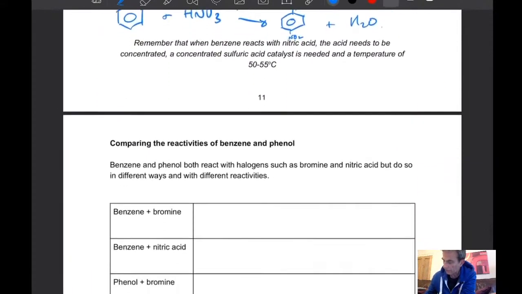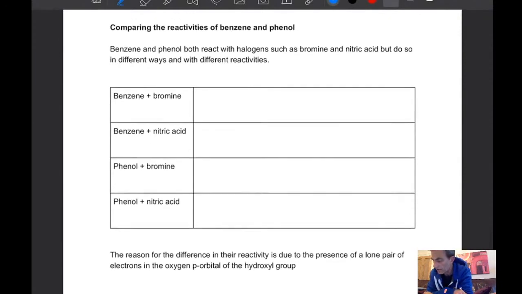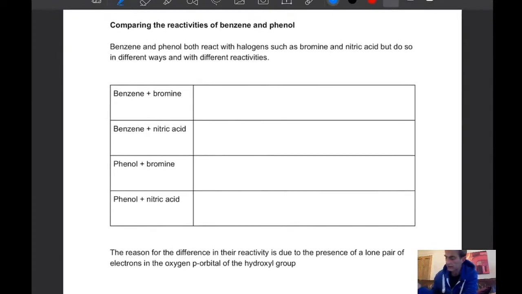Right, so the last little bit we need to do now is the reactivities of benzene and phenol, and the directing effects that Jack has alluded to already. I'm just conscious of the time, it's 7 minutes to 8. Comparing the reactivities of benzene and phenol, both react with halogens such as bromine and nitric acid, but they do so in different ways and with different reactivities.